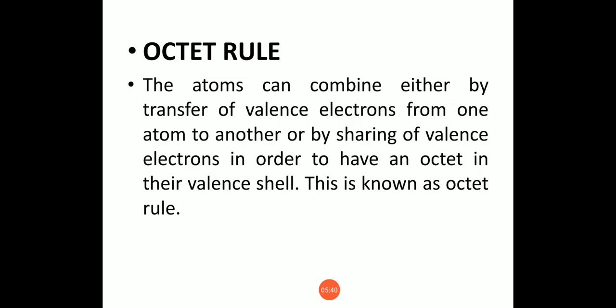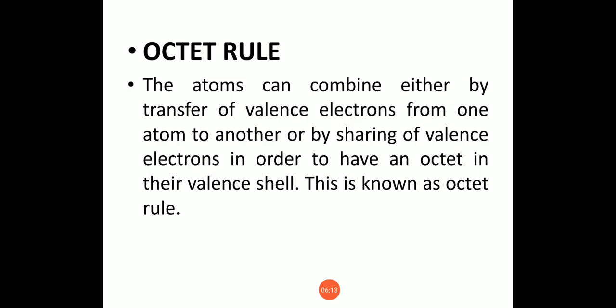The atoms can combine either by transfer of valence electrons or by sharing of valence electrons in order to have an octet in their valence shell. This is known as octet rule. That means in order to get stability or octet, transfer of valence electrons or sharing of valence electrons takes place between the atoms.